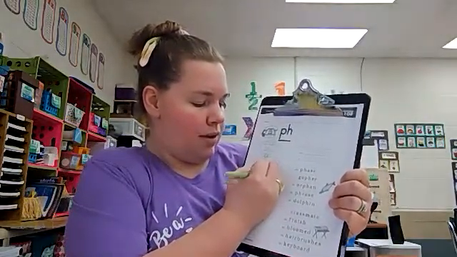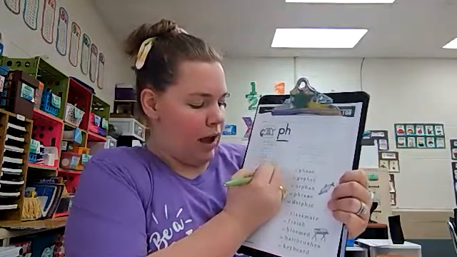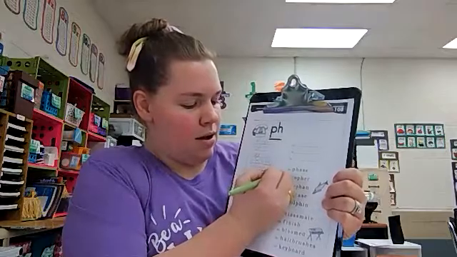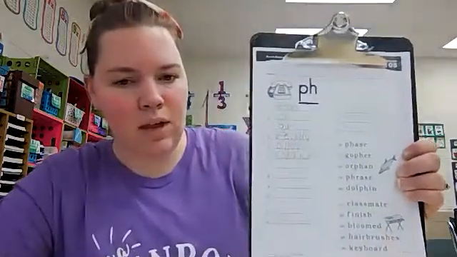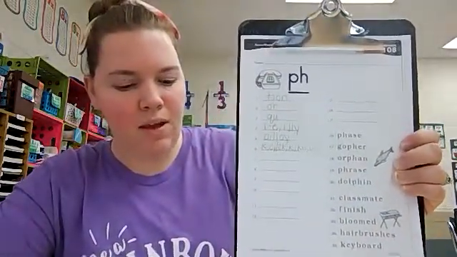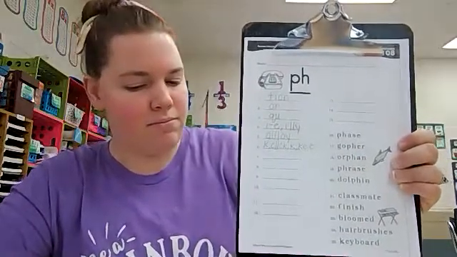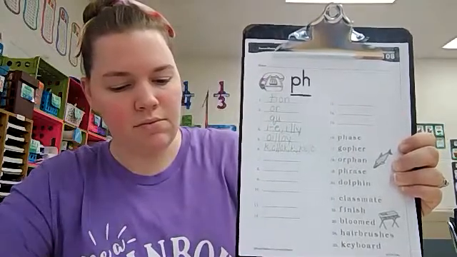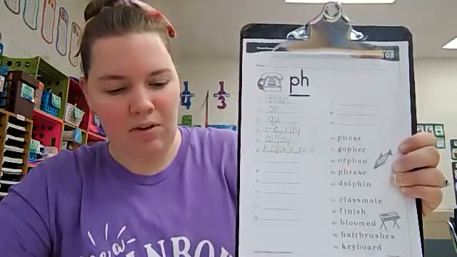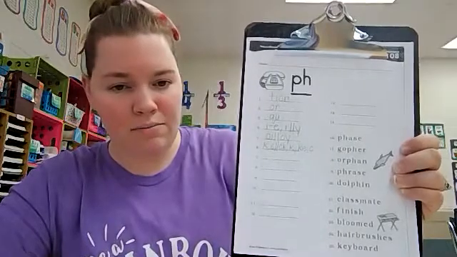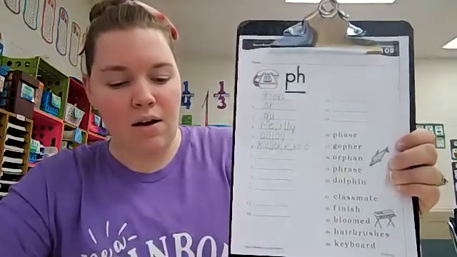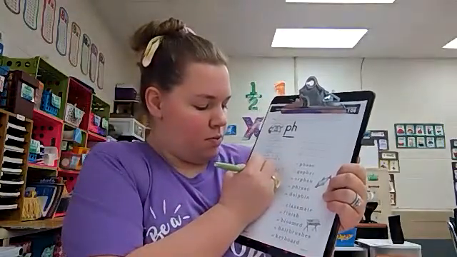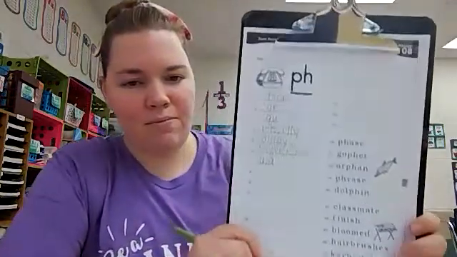K, comma C, final digraph CK, comma K, comma KE, comma C. K. Number 7, U, comma A.